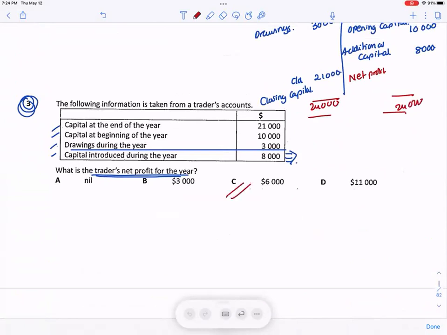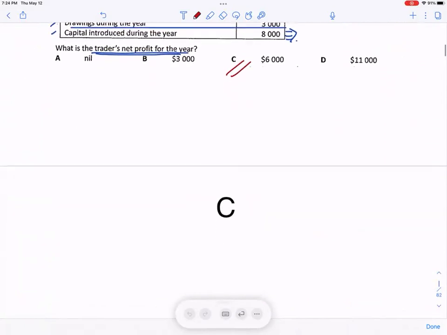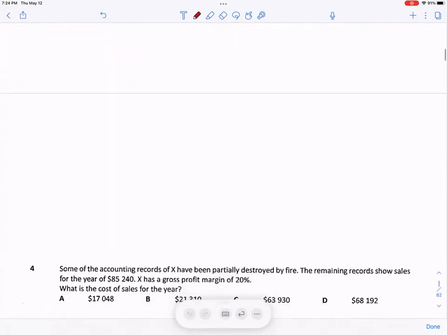Okay, answer is correct. This is still consuming time. It should go faster.